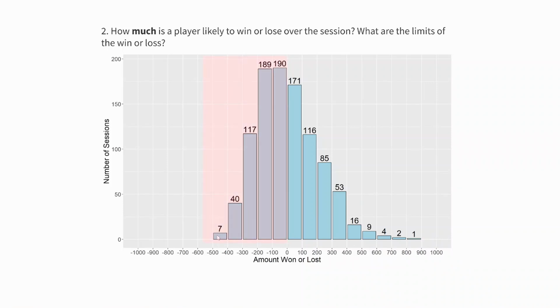So if you look at the shape of this distribution, it's definitely a little bit lopsided. More people are losing, but they're losing smaller amounts. Very few people are winning, but when they win, they're winning more than the losers lost. So that's, I think, one of the reasons that the game gets interesting, right?